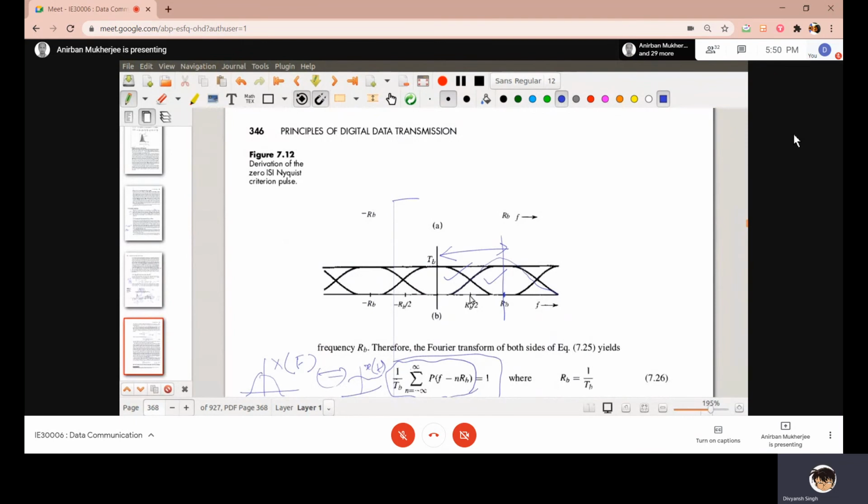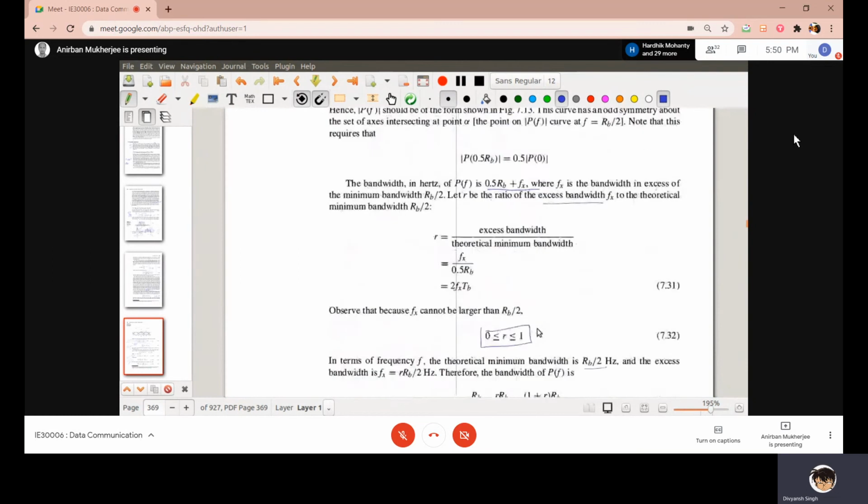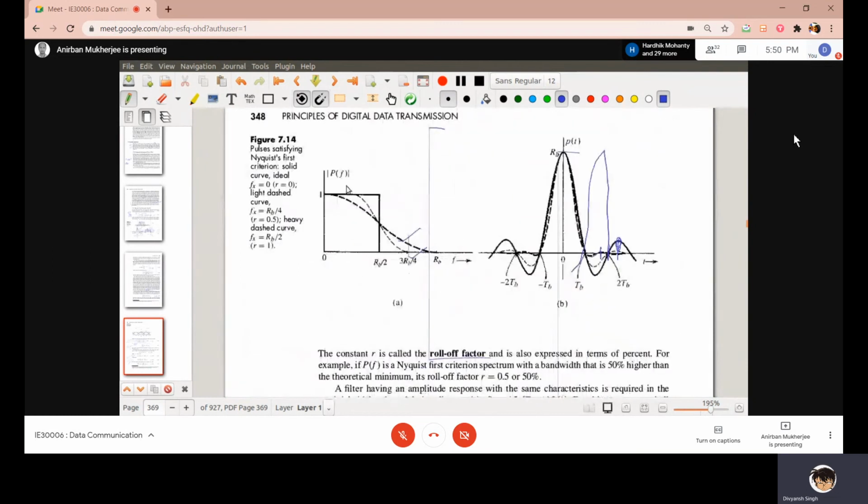bandwidth of the pulses. Initially it was minus RB by 2 to plus RB by 2. Now we have given an excess bandwidth. Earlier the bandwidth was like this, now it is increased, which means a sharp decay.